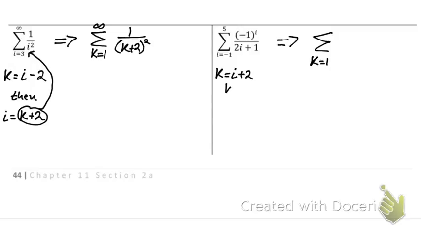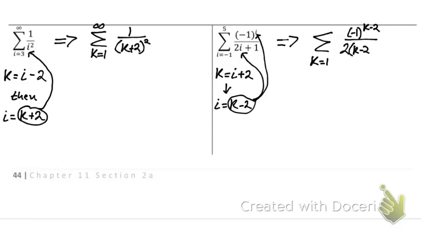Well, based upon that, my i must equal, I subtract 2 on both sides, so we have k minus 2, and we're going to take that k minus 2 and replace it for both of our i values. So we are going to have negative 1 to the k minus 2, all over 2 times k minus 2 plus 1.